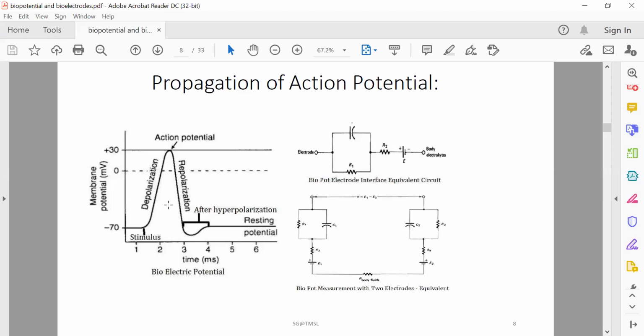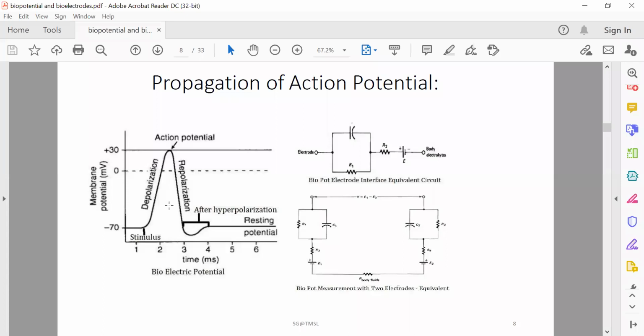The time scale depends on the type of cell producing the potential. Nerve and muscle cells may have a duration of 1 millisecond, whereas heart muscle duration may be much higher, approximately 300 milliseconds.